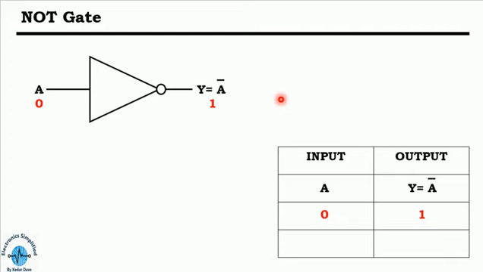As we provide 0, then it will be 1, and if we provide 1, then it will be 0. So this is the basic realization of the NOT gate. For further realization of how it can be possible, you need to see the transistor video.